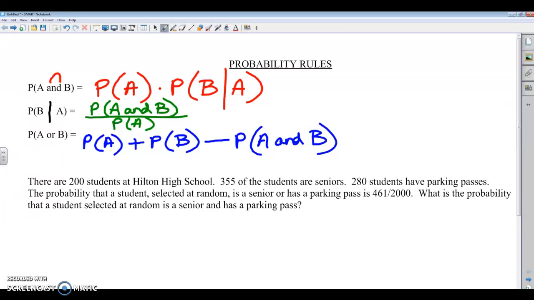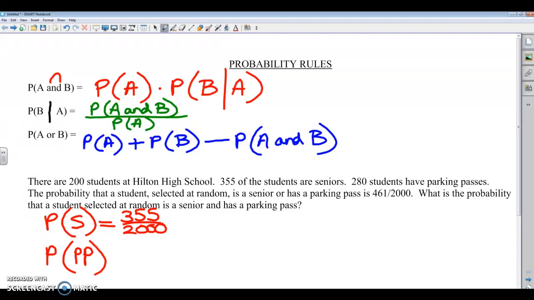So first thing that I always advise is change these sentences into equations. So the first one, the probability of me picking a senior is going to be 355 out of 2,000. The next sentence tells us 280 students have parking passes. So the probability of me picking a student with a parking pass is 280 out of 2,000.